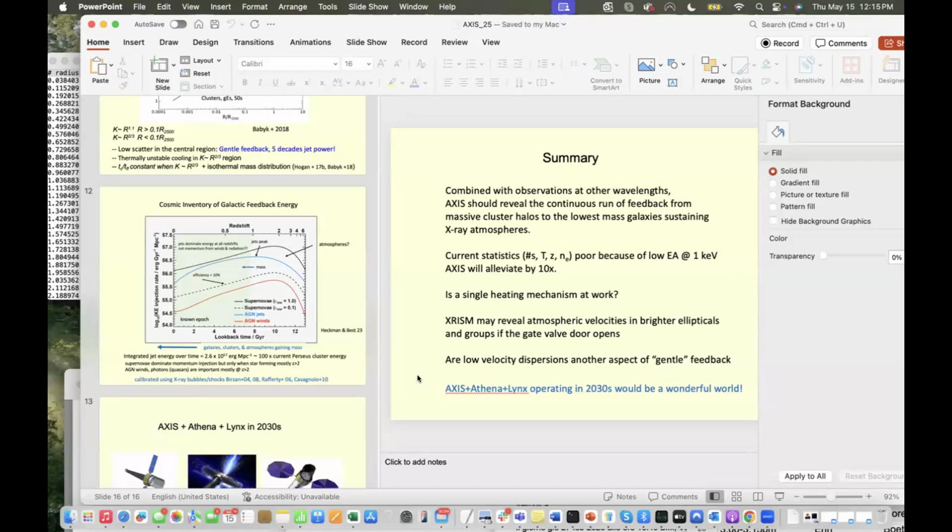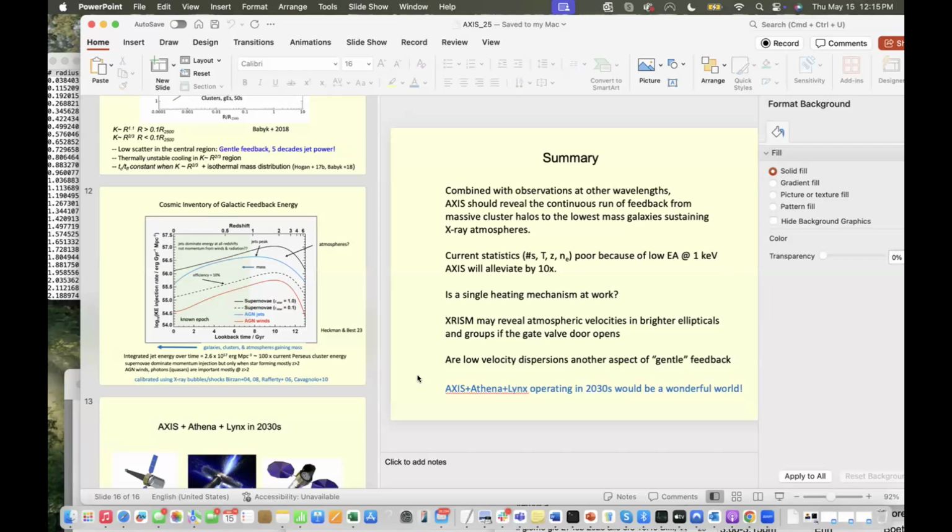Oftentimes it's assumed when calculating the input energy that the injection scale is of order the size of the jets or the size of the bubbles. Whether that is a reasonable assumption is something you would directly measure from Axis.